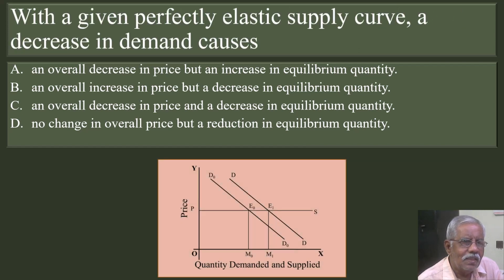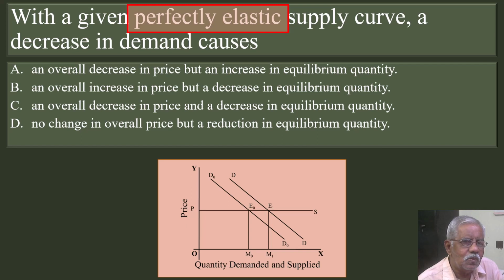With a given perfectly elastic supply curve, a decrease in demand causes, and all other options are the same. I think I need not read them once again. What is the change that I have made? Look at this. Perfectly elastic.